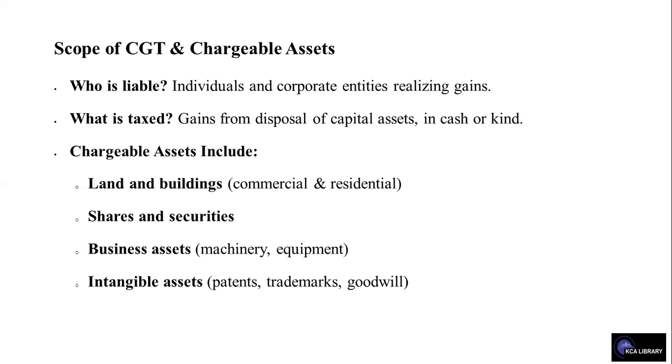This is a gain from disposal of capital assets in cash or in kind. The chargeable assets include land and buildings, which are for commercial and residential purposes, shares and securities, business assets like machinery and equipment, and intangible assets like patents, trademarks, and goodwill.